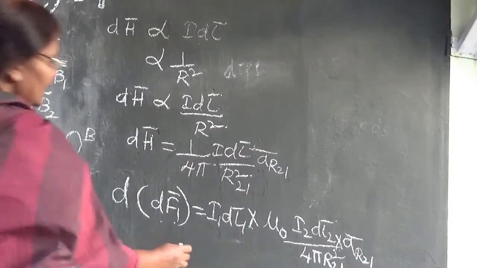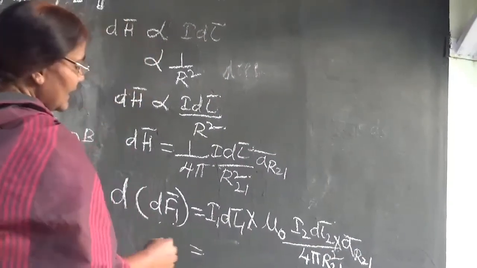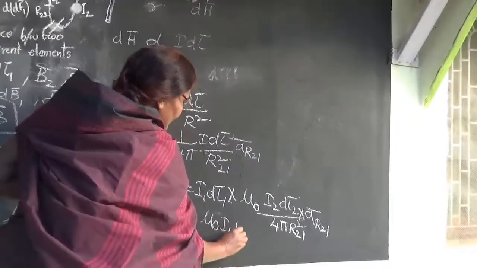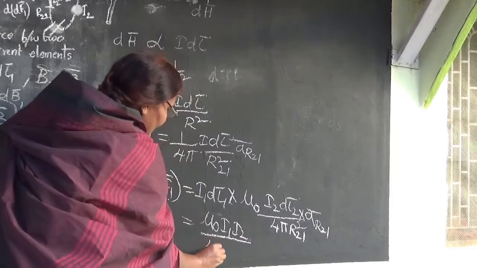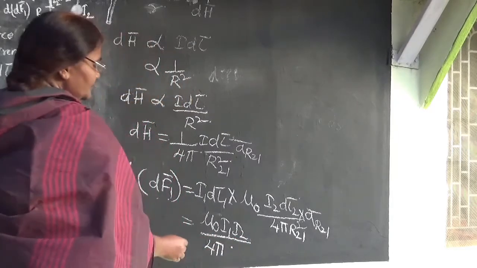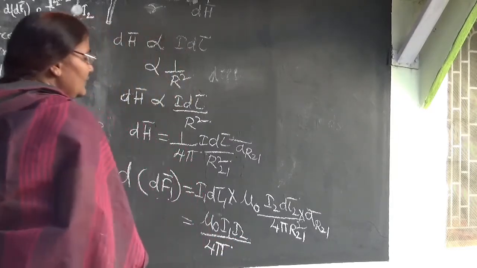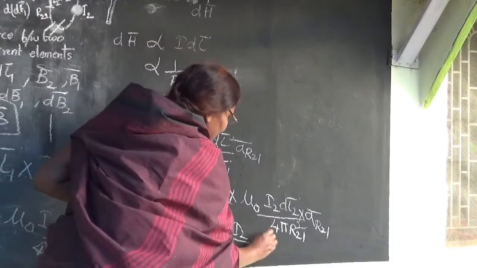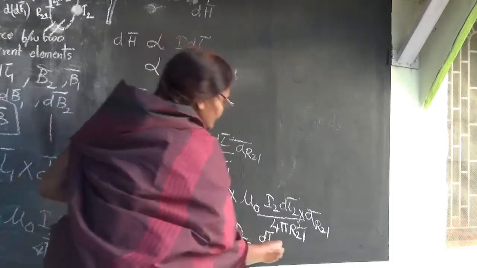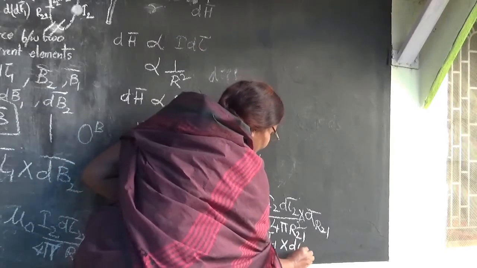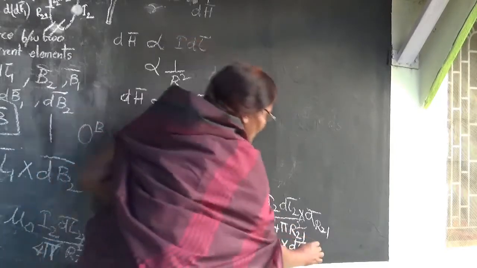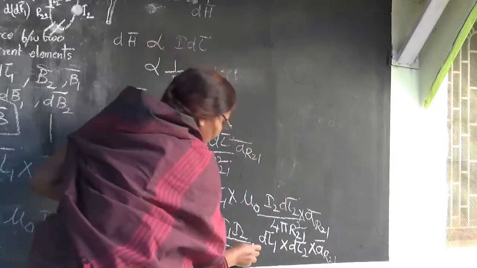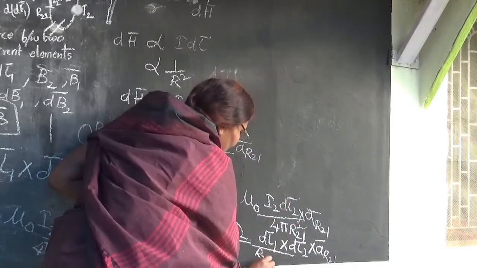Now, if I take constants outside, then mu naught I1 I2 by 4 pi will be the constants, and I can write separately dL1 bar cross dL2 bar cross aR21 bar divided by R21 square.